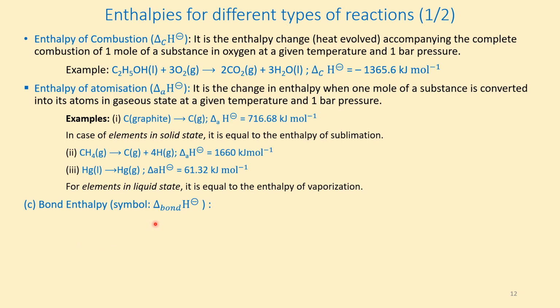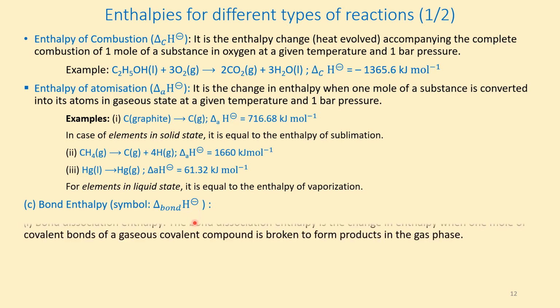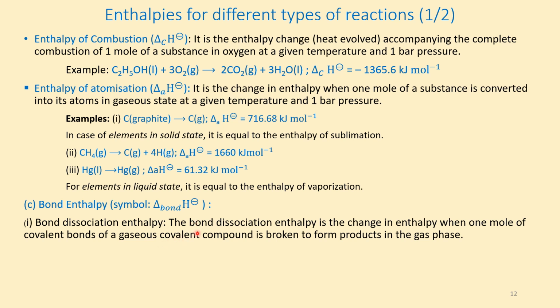Bond enthalpy. The symbol of bond enthalpy is delta bond H to the power of encircled dash. It can be written as bond dissociation enthalpy and mean bond enthalpy. Bond dissociation enthalpy is the change in enthalpy when 1 mole of covalent bonds of a gaseous covalent compound is broken.